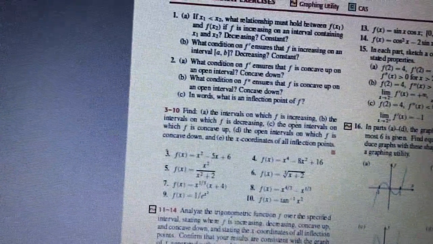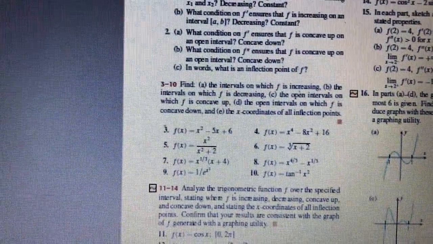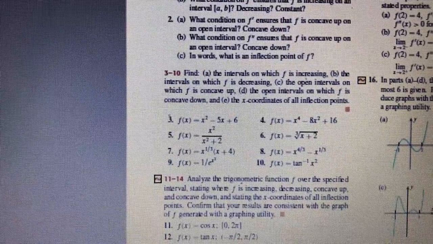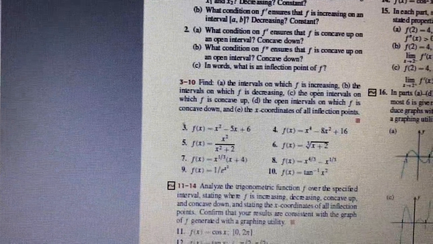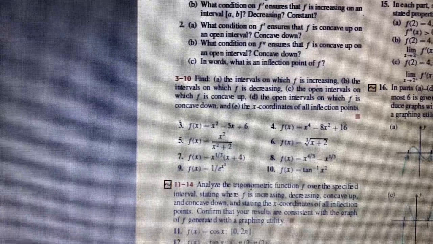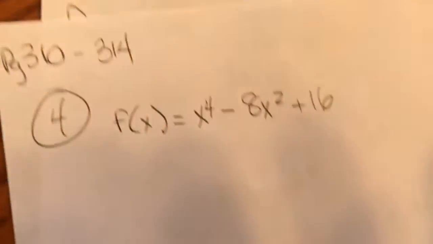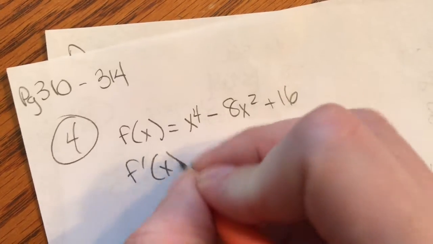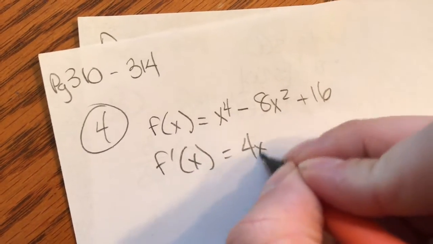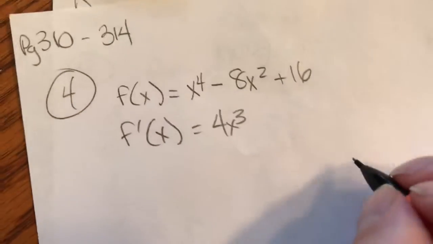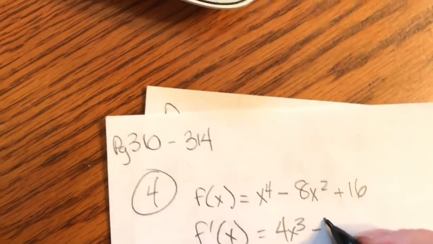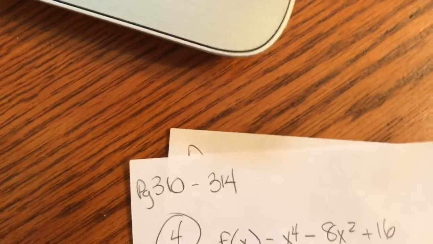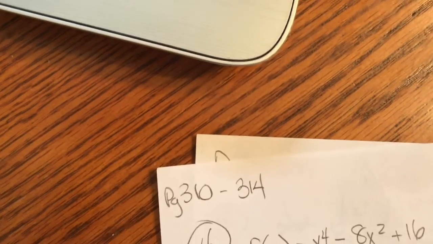A is increasing. What I have to do is take number 4, which is f of x equals x to the 4th minus 8x squared plus 16. I have to take the derivative of it, which gives me 4x cubed minus 16x plus 0. Set it equal to 0 and solve for x.